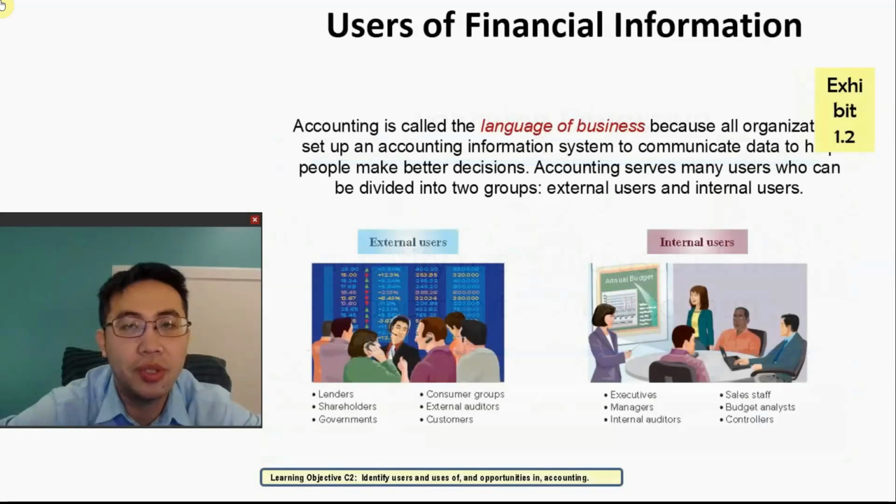All right, so what are the jobs in the accounting profession? Accounting is the basic language of business. Just like when we work with computers, the basic language is Python or C++. If we go to the USA, we speak English. And if we go to China, we speak Mandarin or Cantonese or any other Chinese language. In the world of business, we use accounting to communicate.